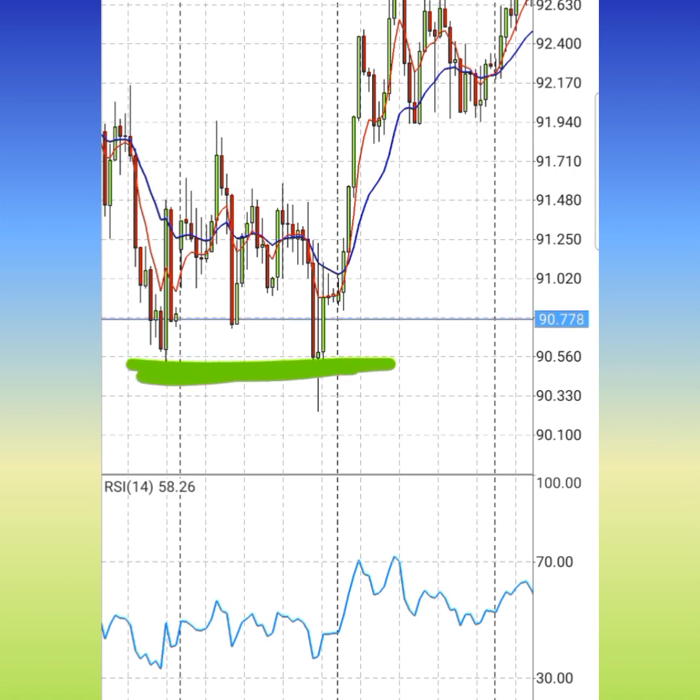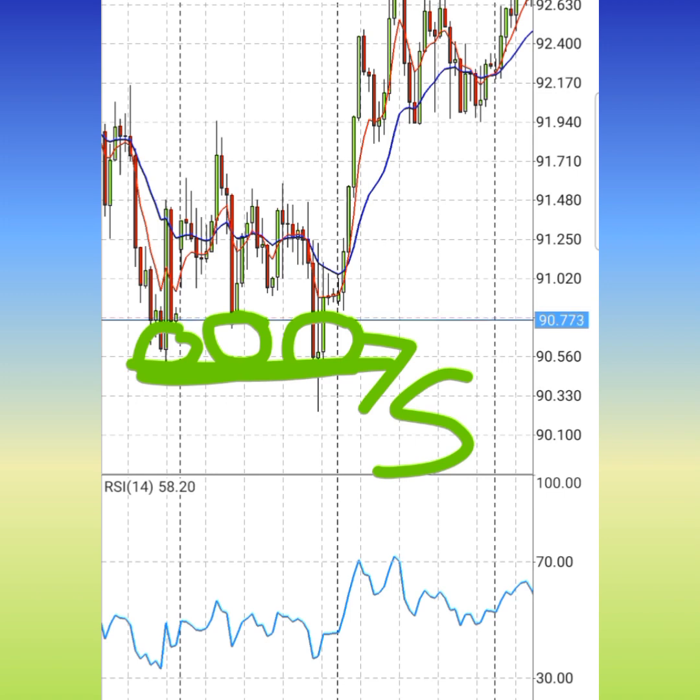This is a major what? Support level. So market came here and tested it again and again. So when you are trading this kind of stops, it will be difficult for you to be stopped out just like that, because I'm going to teach you how to trade it, how you can integrate it into your strategy.